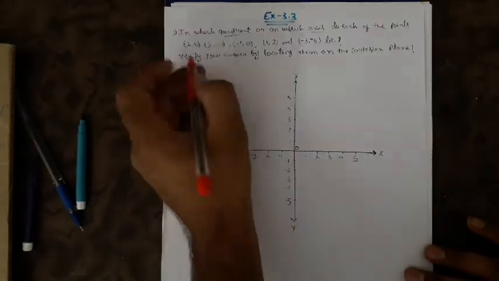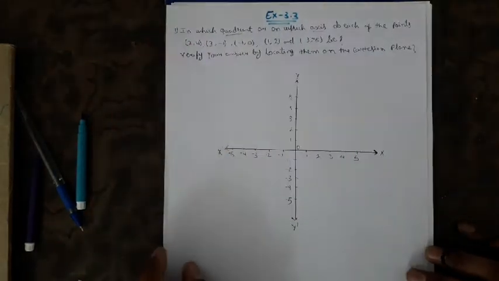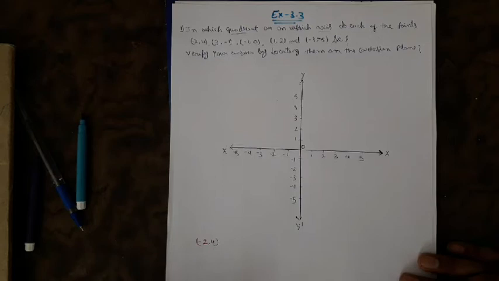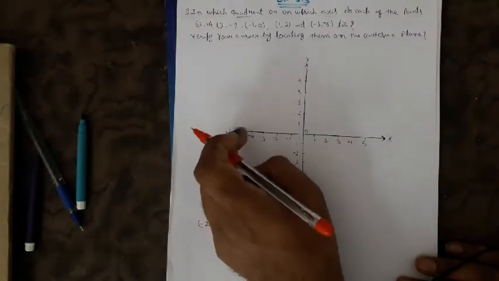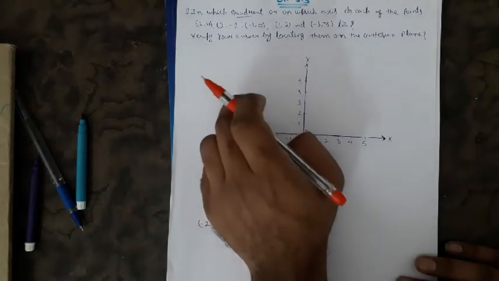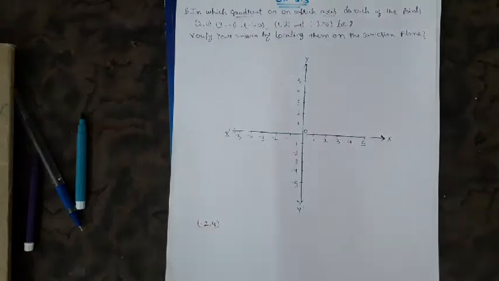The first point we have is -2 and 4. See, x is negative. First one would be taken as the value of x. So x is negative, y is positive. When x is negative and y is positive, then it would be in the second quadrant. I had explained in the last session how we can identify the quadrant.